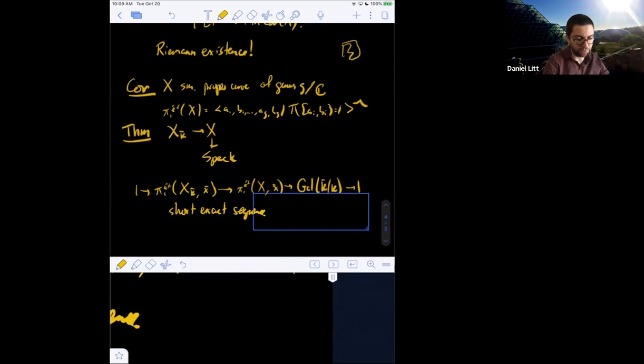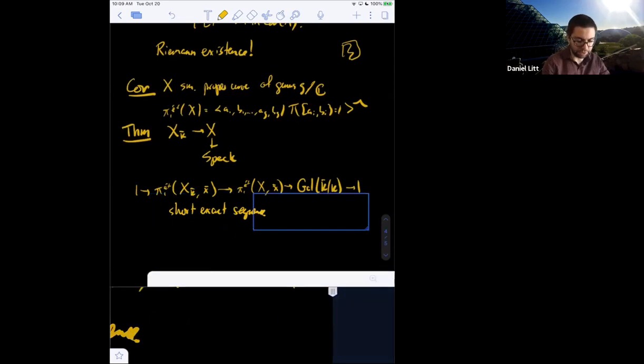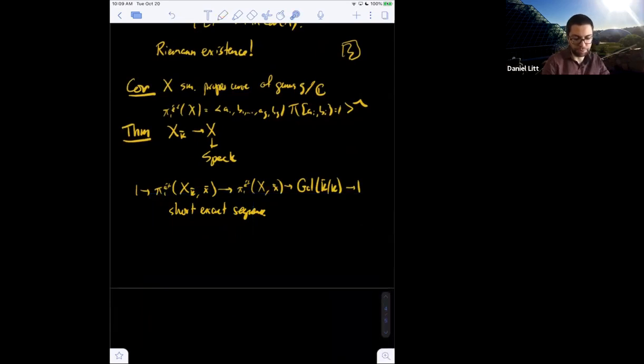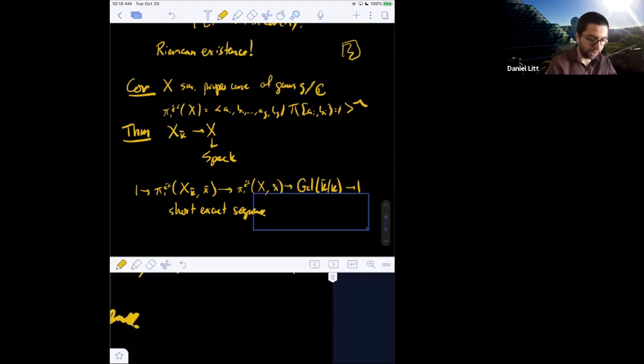Okay, so what is the content of this claim? I'm not going to give a detailed proof, but for example, the content of the surjectivity of this map is that if you have a connected cover of K, so a separable extension of K, it remains connected when you base change to X, and this followed from the assumption that X was a variety.